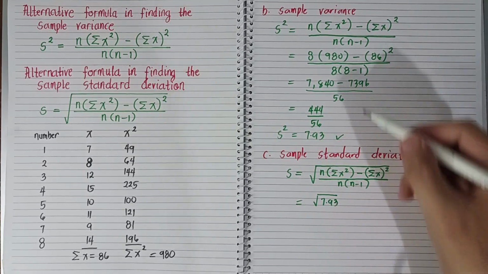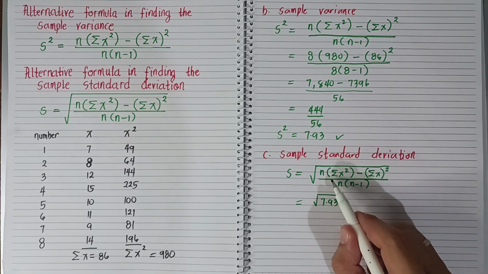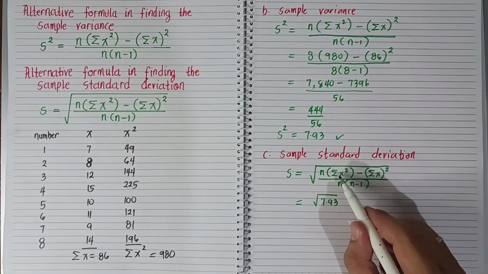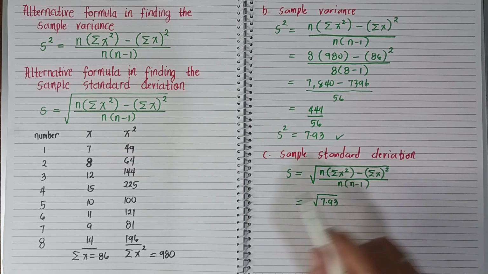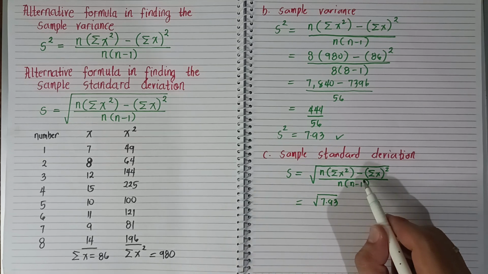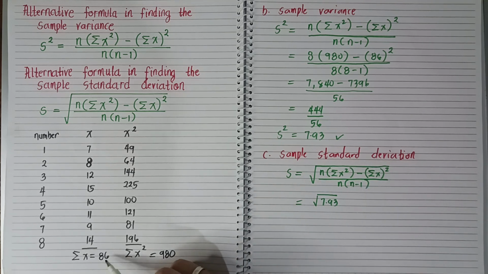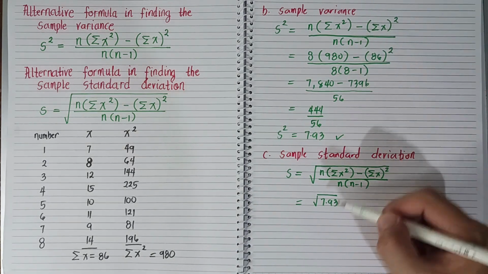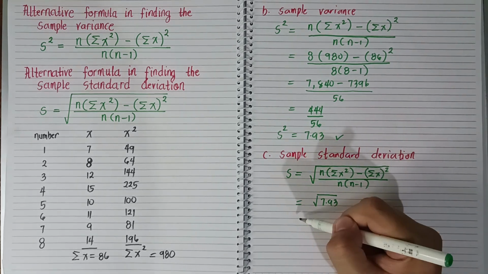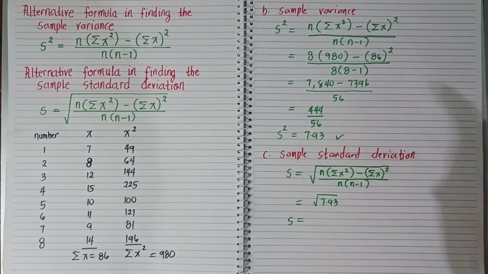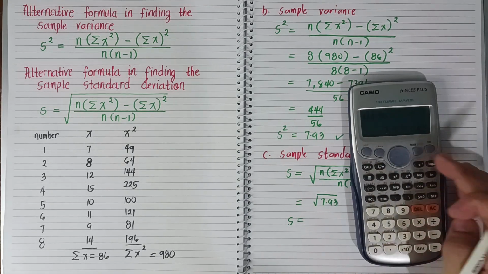Or pwede rin, kung gusto niyo naman pahirapan yung sarili niyo, pwedeng isa-isa. So 8 times summation of x squared, which is 980, minus summation of x, which is 86. So ganun din, babalik tayo dito. Yun nga lang, ito ay square root. Okay, so guys, ito using scientific calculator.